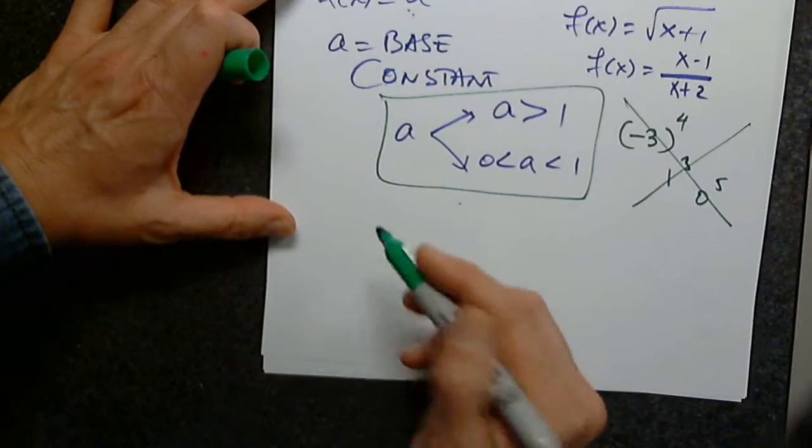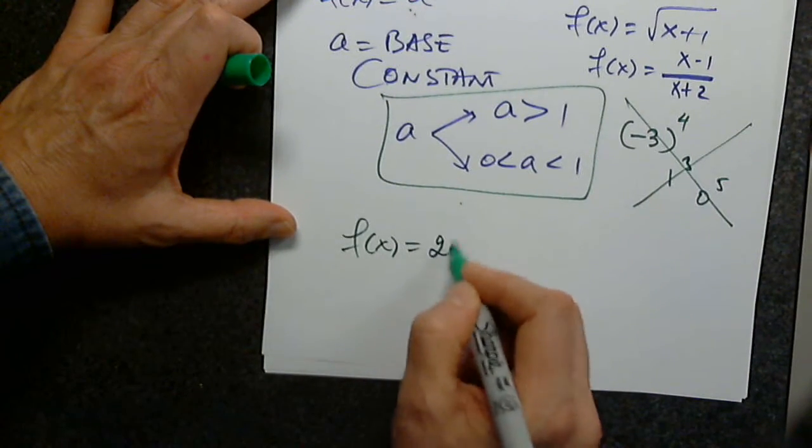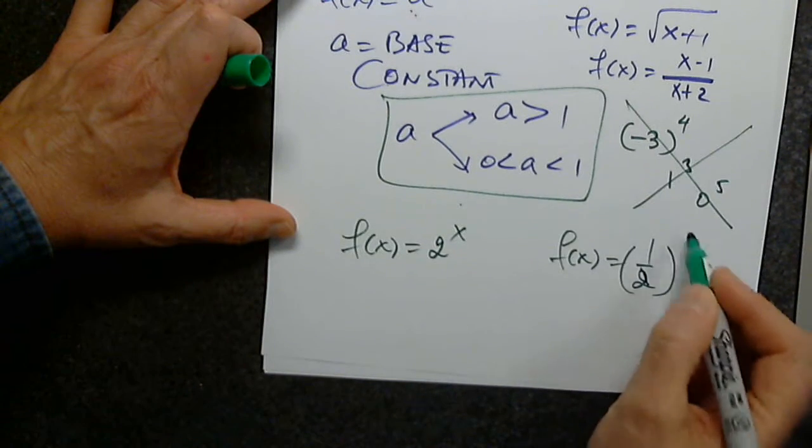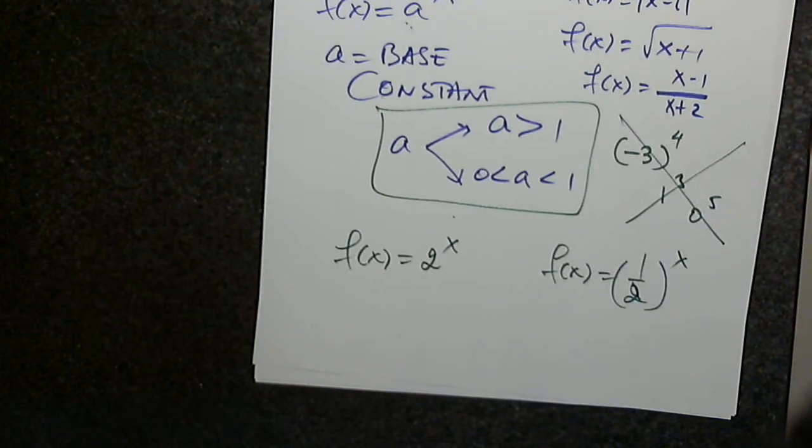So here would be two possible examples: 2 to the x, and 1/2 to the x. You see that 2 to the x fits the first category, where the base is a number greater than 1, and 1/2 to the x fits the second category, because the base is a number between 0 and 1.